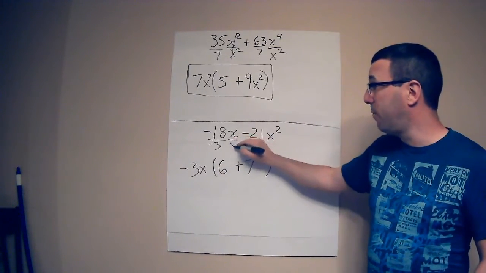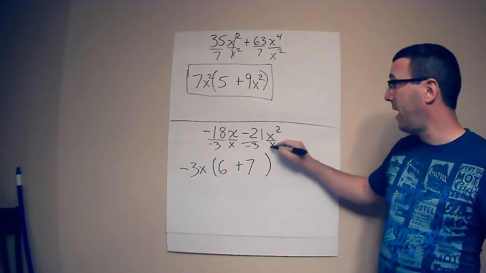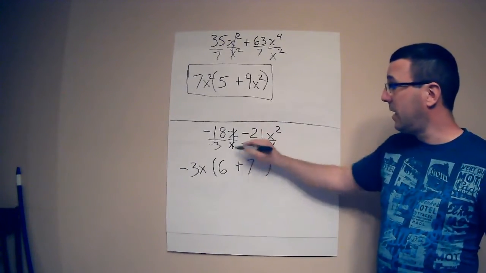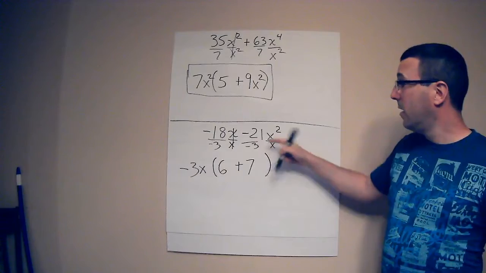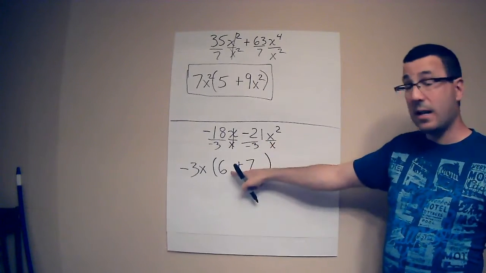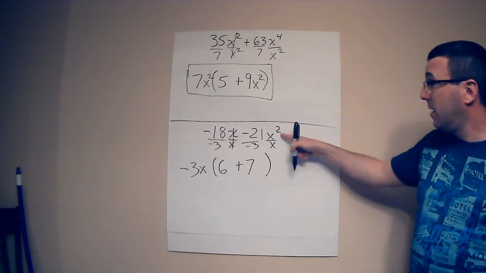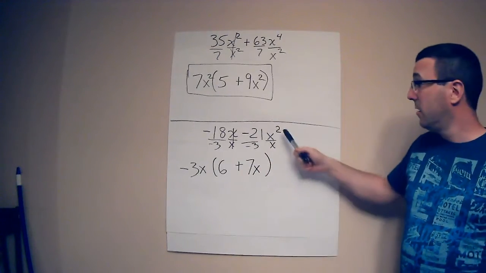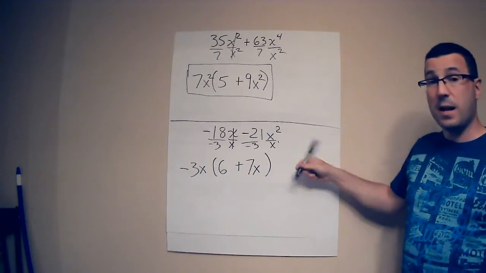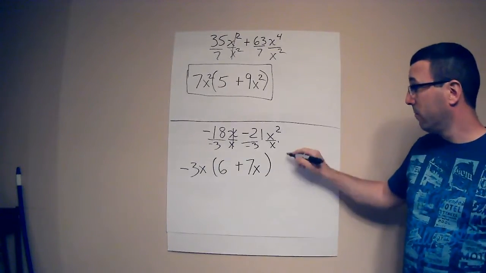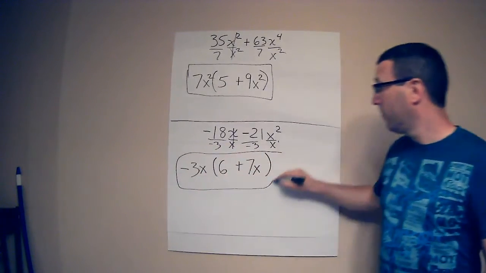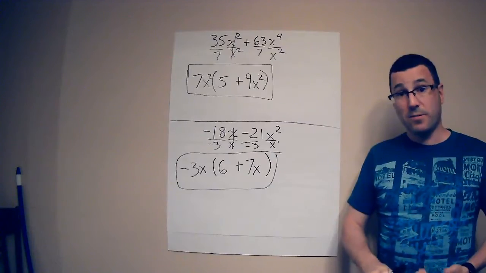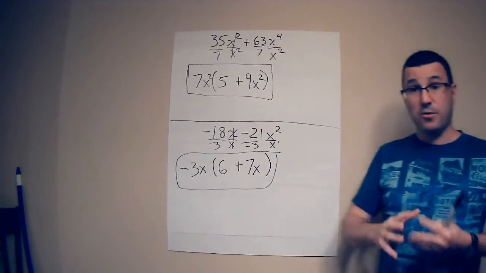So I'm going to divide both things by x. This x cancels out, and so I'm not going to have anything next to the 6. X squared divided by x, I'm definitely going to have an x. 2 minus 1 is 1. And that's my answer. That's factored completely.